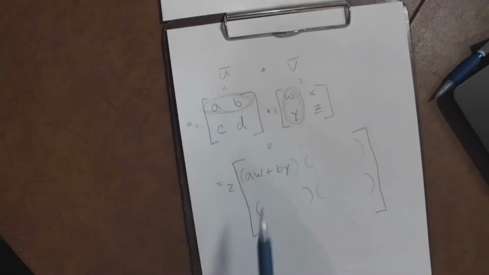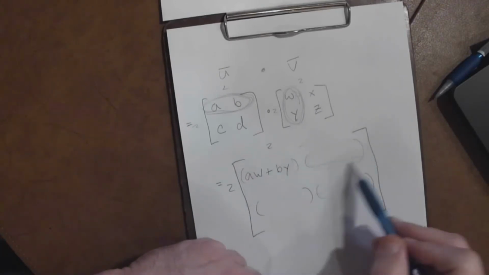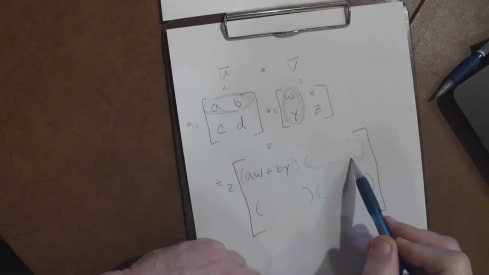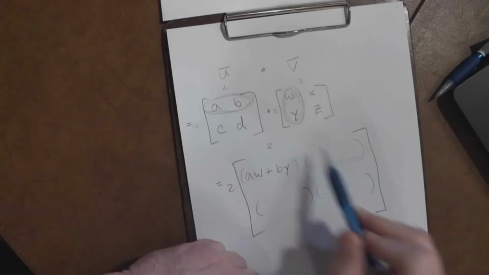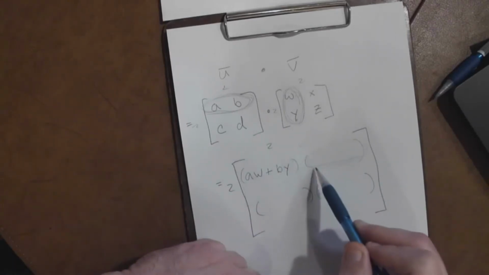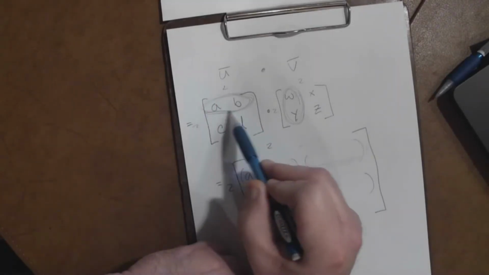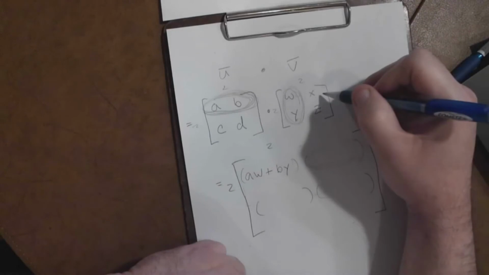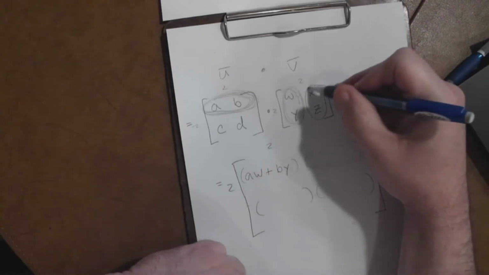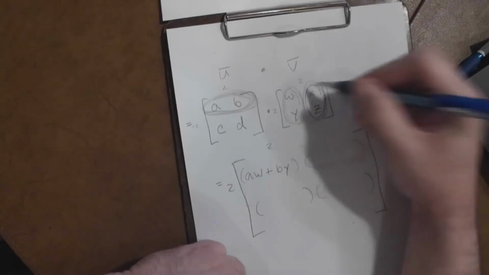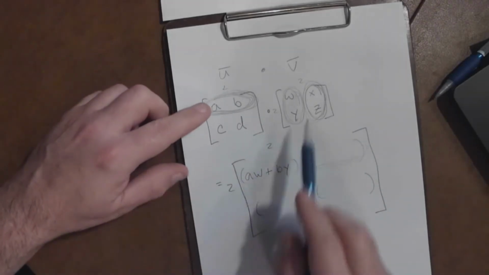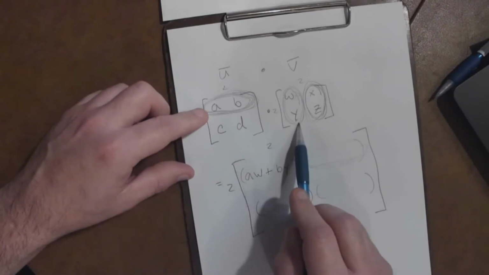Now, to continue that pattern, to fill in the first row, second column in our dot product, you are going to use the first row of U in a row-column multiplication with the second column of V, in a very similar pattern to what we did in the first row-column multiplication.